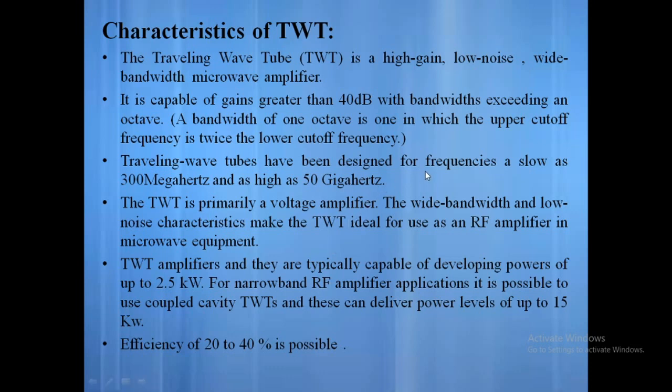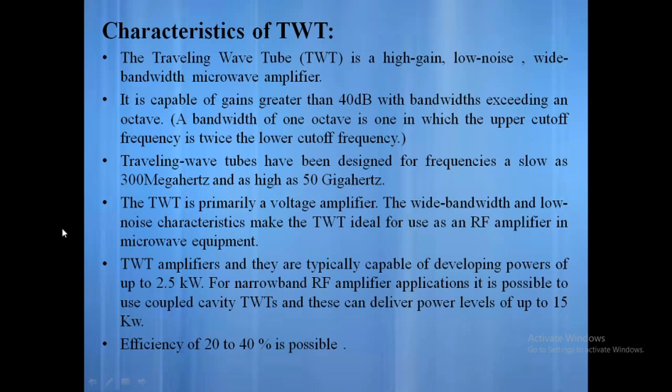The traveling wave tube has been designed for frequencies as low as 300 MHz and as high as 50 GHz. The traveling wave tube is primarily a voltage amplifier. Wide band and low noise characteristics make the traveling wave tube ideal for use as an RF amplifier in microwave equipment.